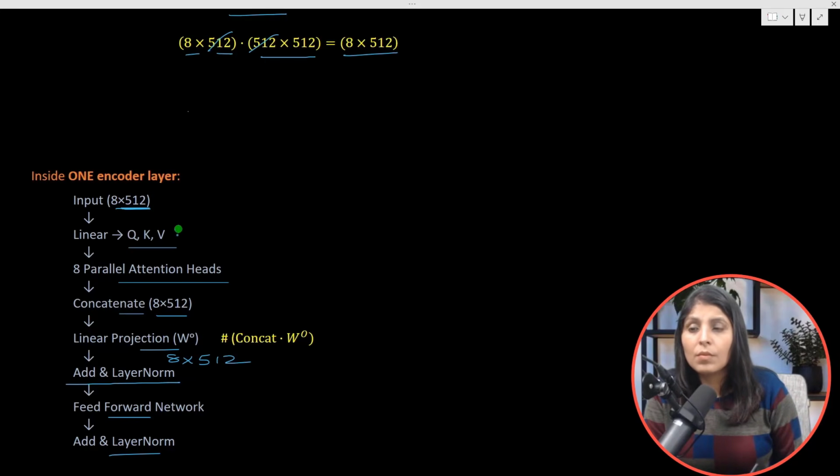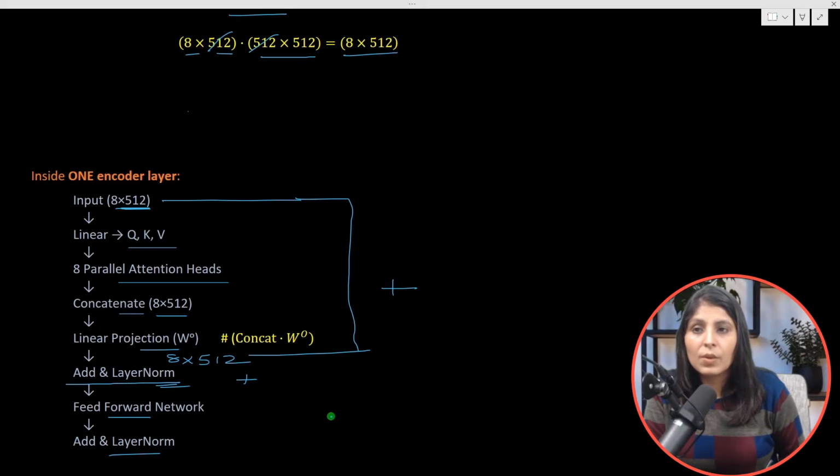So in this step, we will perform element-wise addition between the encoder input and the matrix which we got after this linear projection. The shape is the same, so we can easily do that.